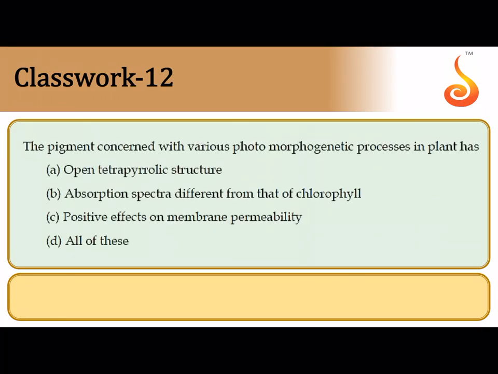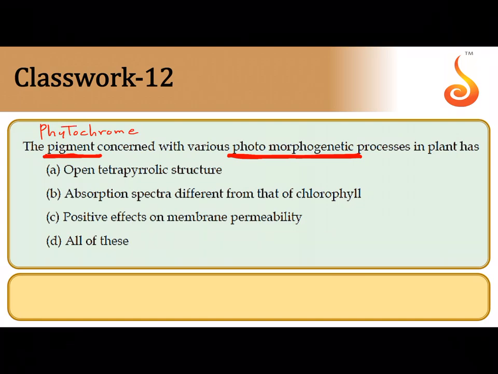The pigment concerned with various photomorphogenetic movements. Now, they have identified that plants have certain pigments in them which are responsible for movements of the plant, and which are also responsible for how the plants detect the changes in light and dark duration. And this plant pigment has been given a name. It has been called phytochrome.